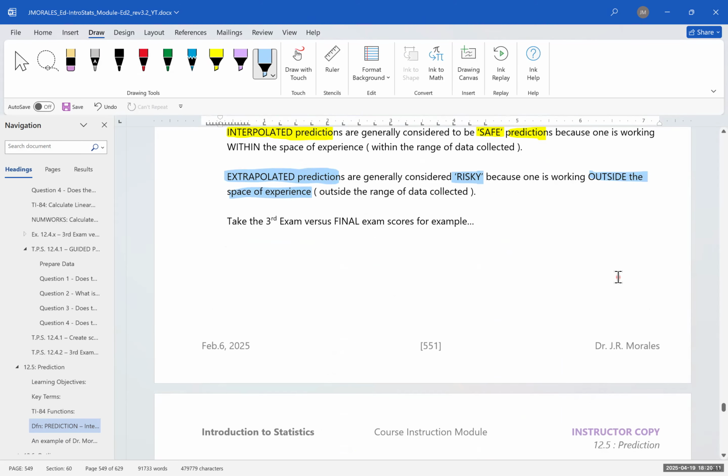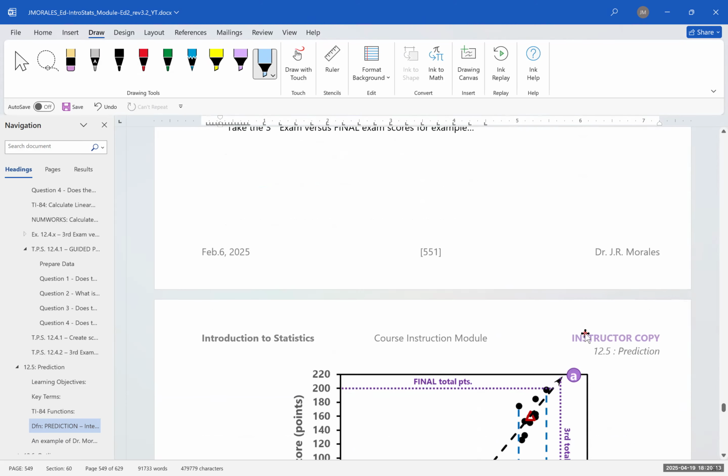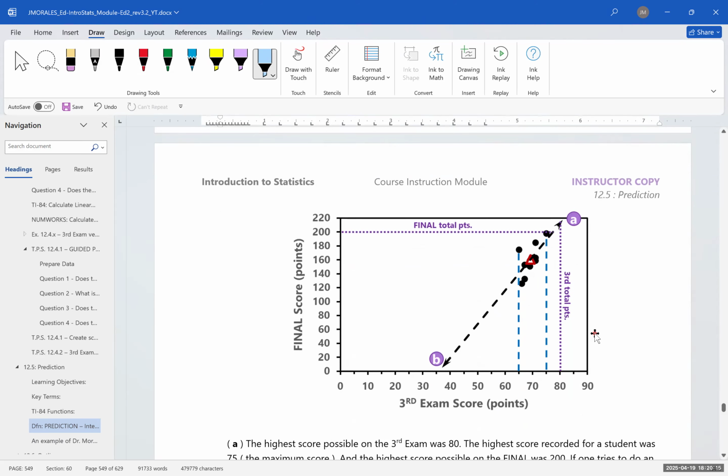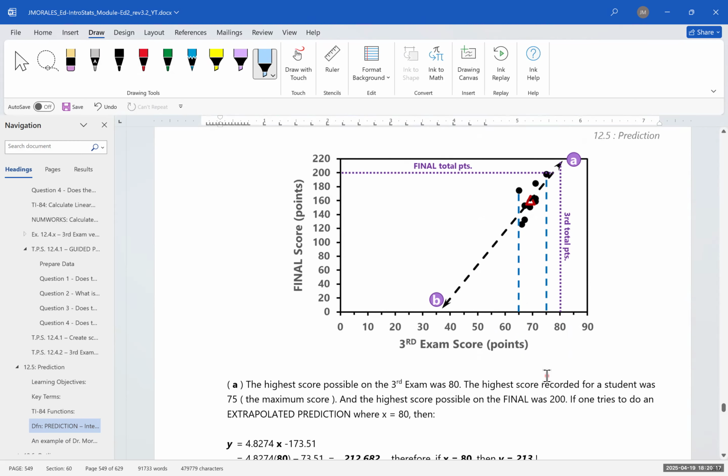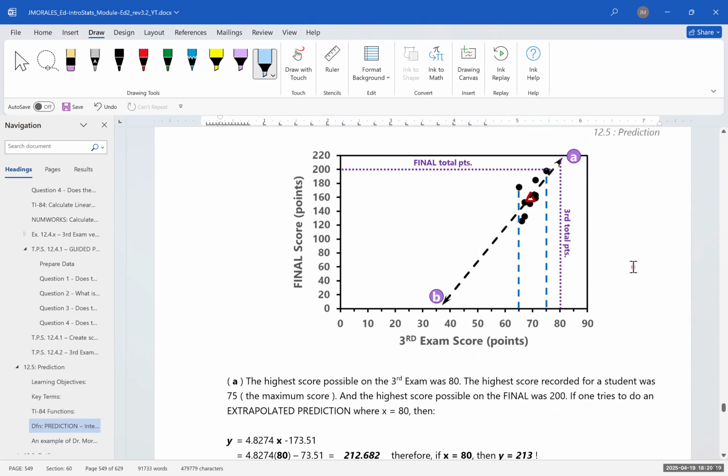So, let's take the third exam versus the final exam scores, for example. First, the highest score possible on the third exam was an 80. The highest score recorded for a student was 75.